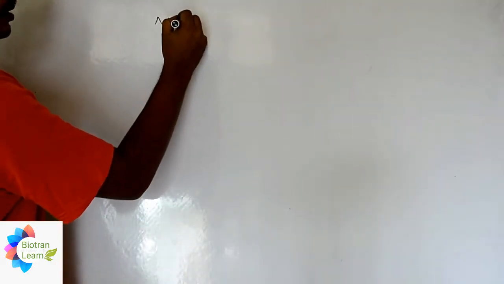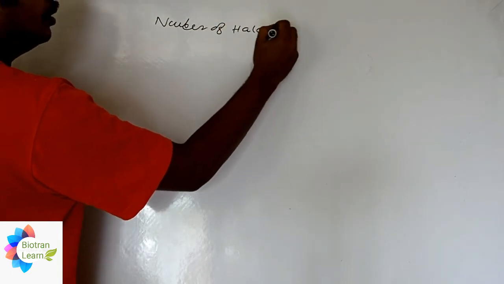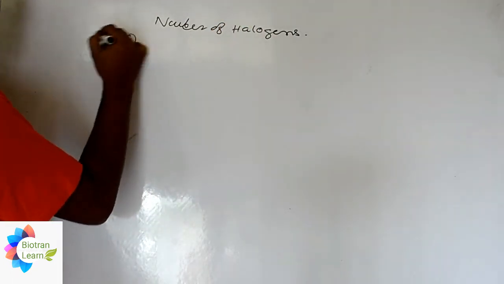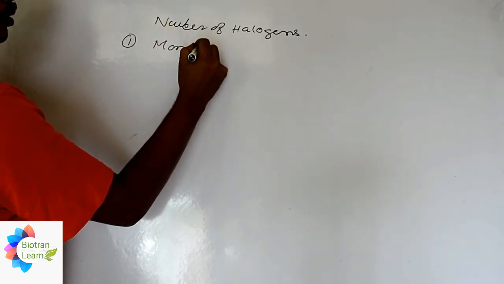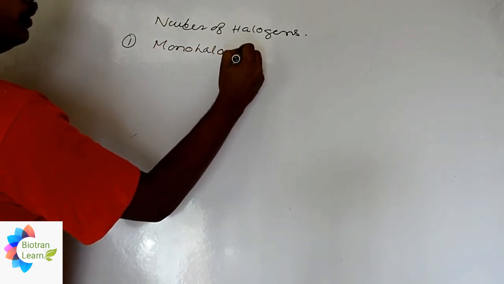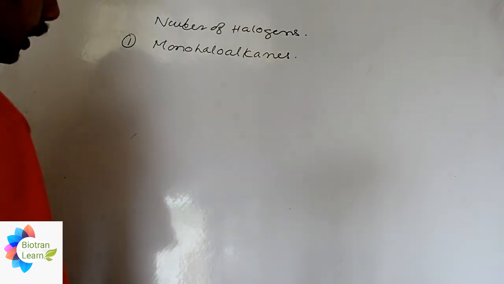Structures that are dependent on the number of halogens. Number one is the monohalogen compounds, monohaloalkanes. Why are these known as monohaloalkanes?